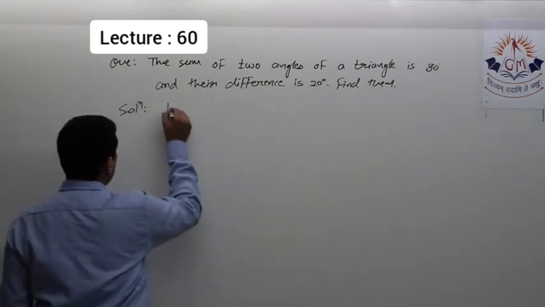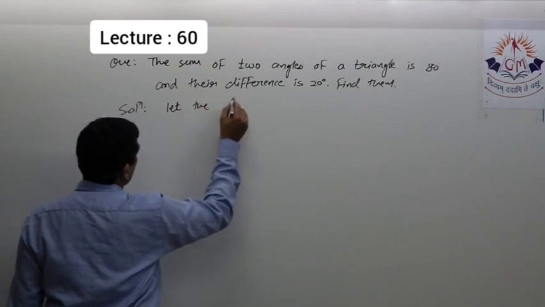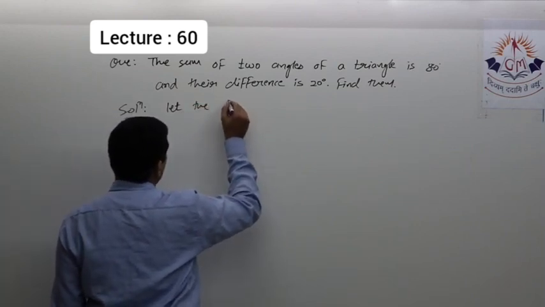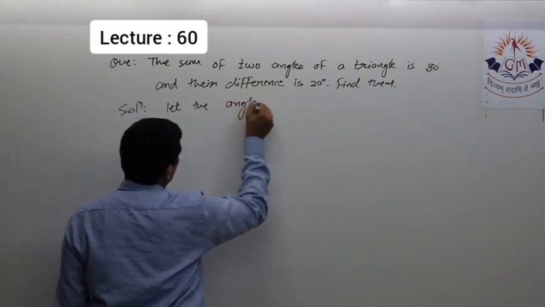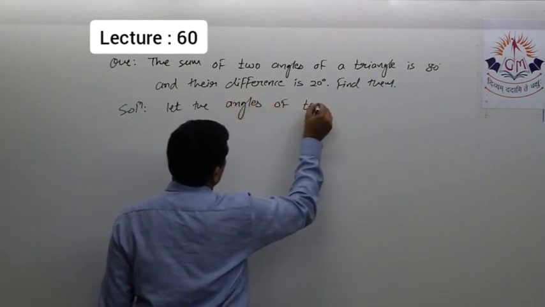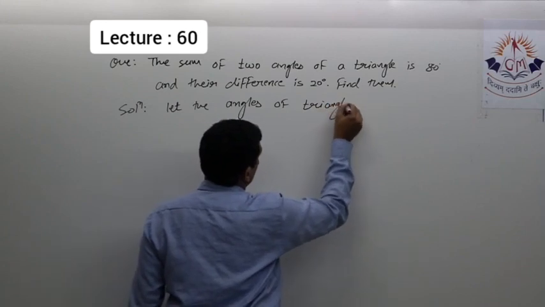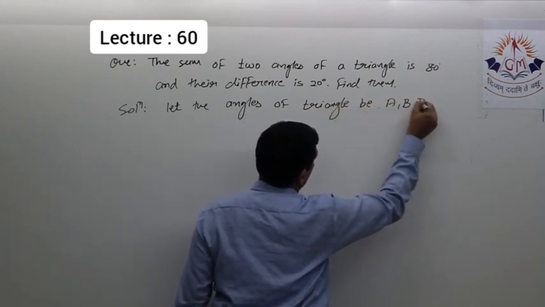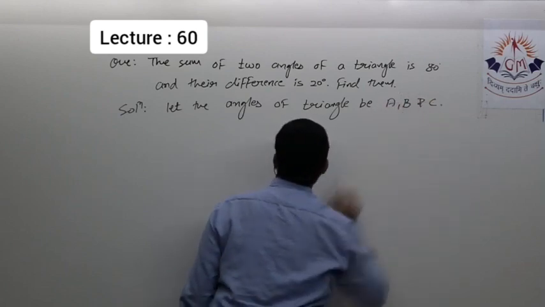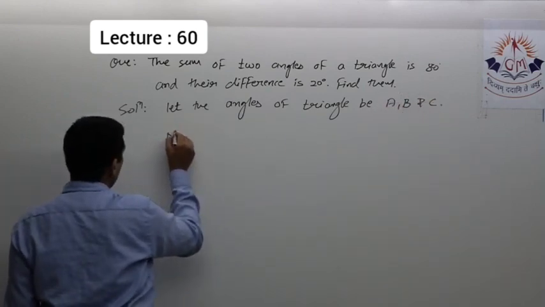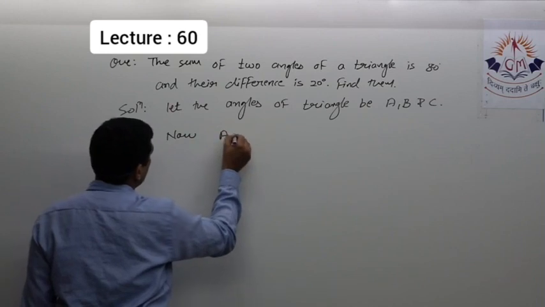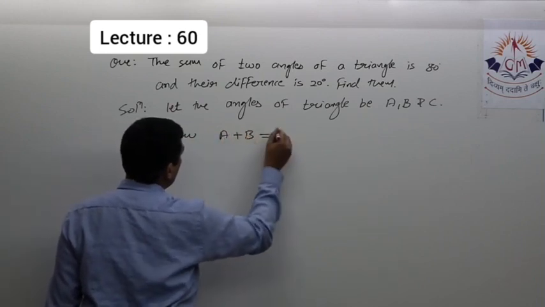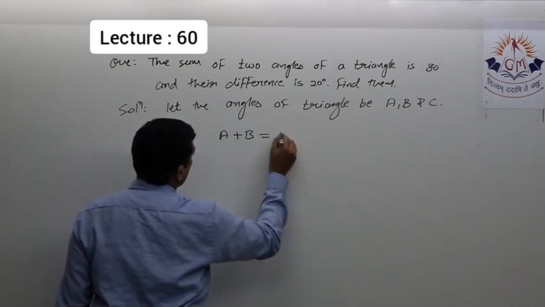So let the angles of triangle be A, B and C. Now it is given A plus B is equal to 80 degree, sum of two angles.